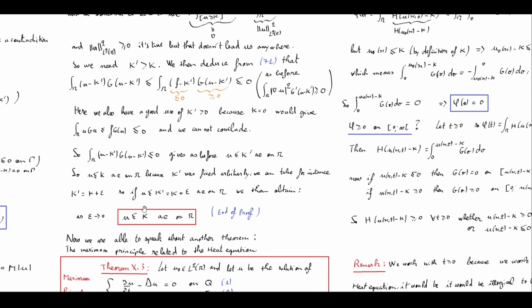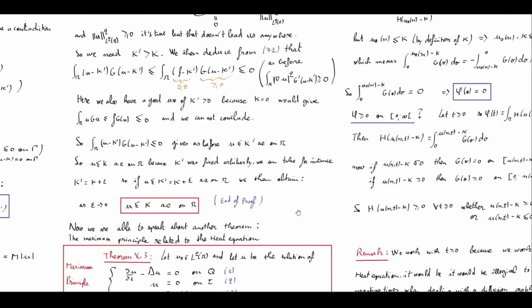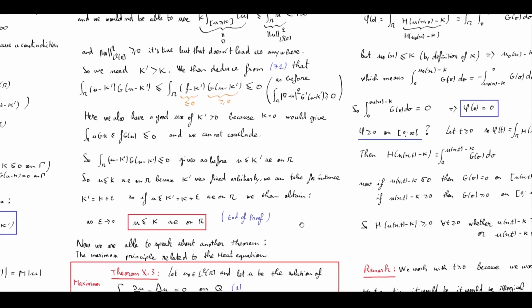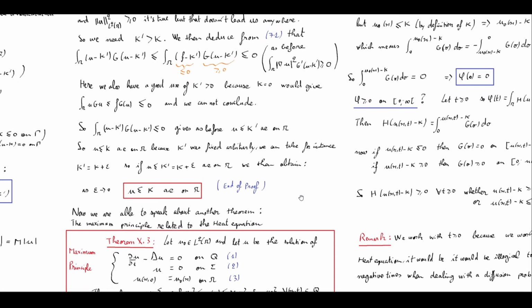And that's the end of the proof, because if we were to look at the other inequality needed for this result, we would just have to tweak something in the proof, like I said, changing u into minus u, or changing the k, for instance.